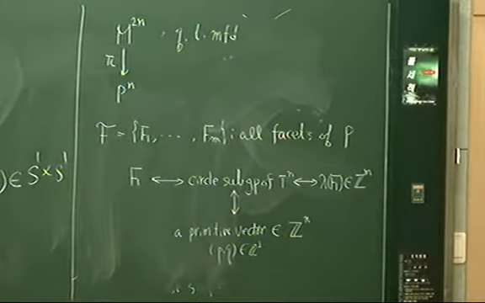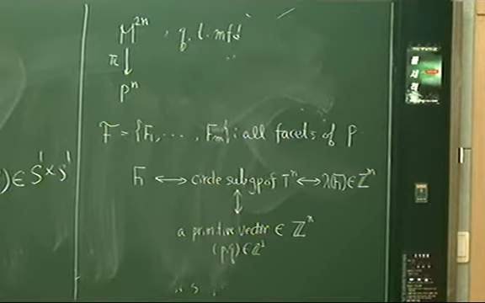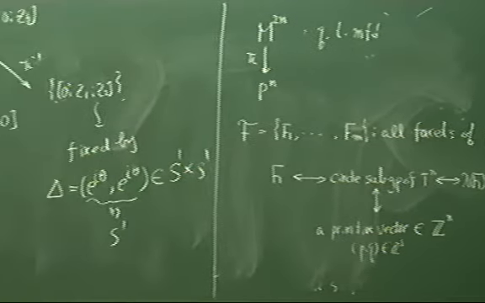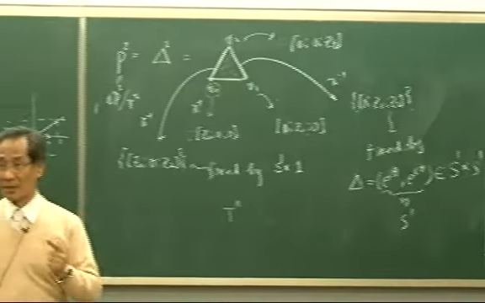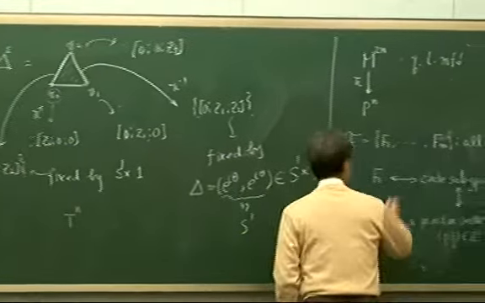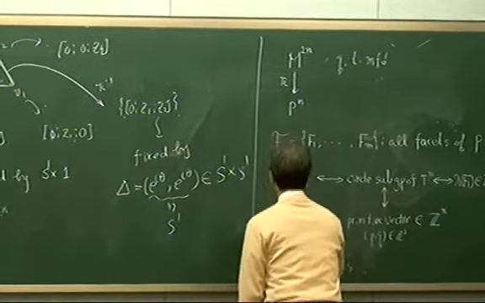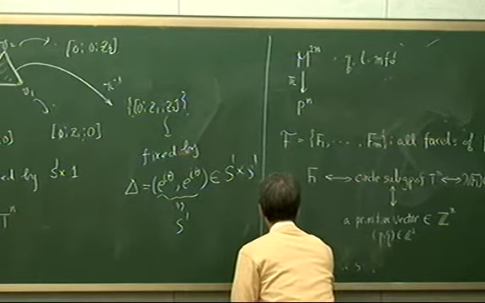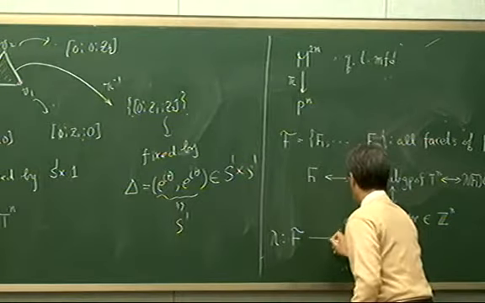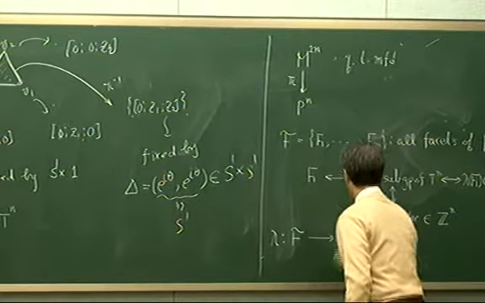So for each facet, we will correspond to the circle subgroup fixing the inverse image. But this circle subgroup corresponds to a lattice point in Zn. So namely, we can define a map from lambda, the set of all facets, to a lattice point.